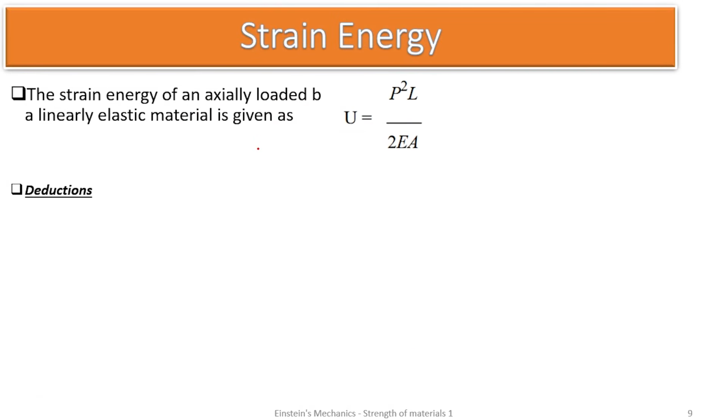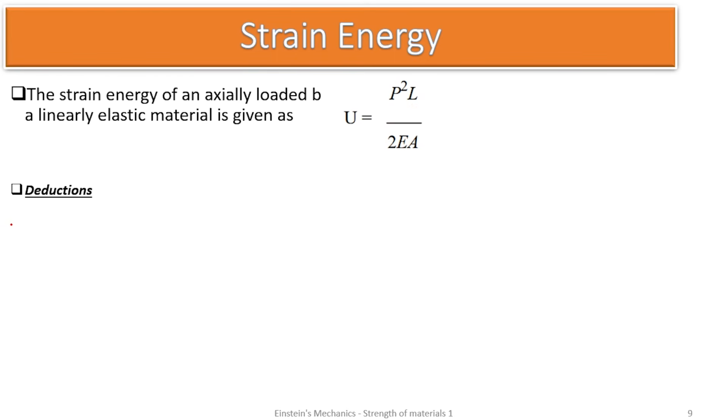Strain energy. There is a concept also under this topic, a subtopic called the strain energy. We know that the strain energy of an axially loaded bar is represented as U, where U is equal to P square L over 2EA.